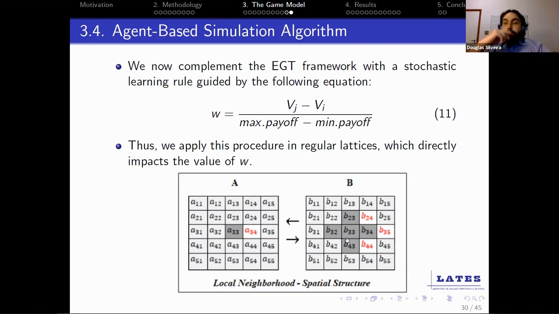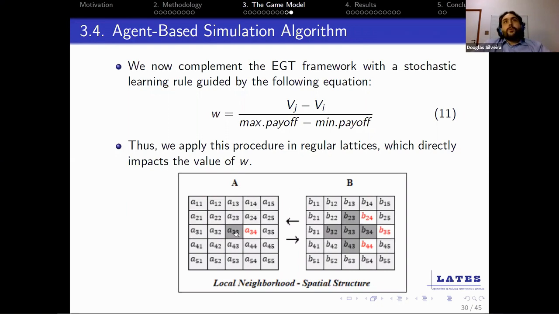So it's a very flexible algorithm. And we just set this as the von Neumann neighborhood, okay? And so A33 will play against these local neighbors, and we will compute its average payoff, which is given by this V_i here.